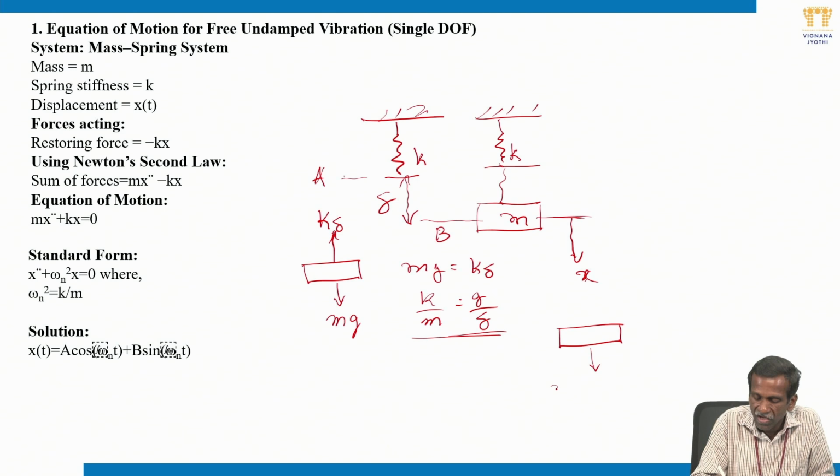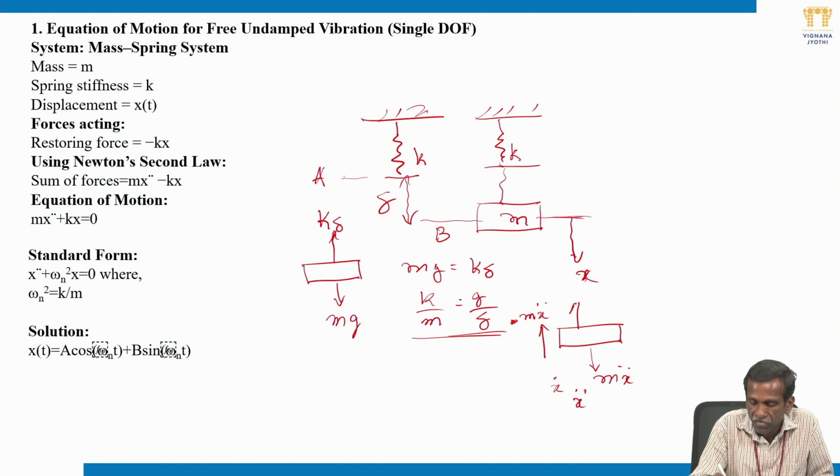You can write the velocity component as x dot, and the acceleration component as x double dot. If you draw the free body diagram, the acceleration is downward, but the inertia force m x double dot is upward. You can show it as minus m x double dot, or if you show it in the upward direction, you need not write the minus.